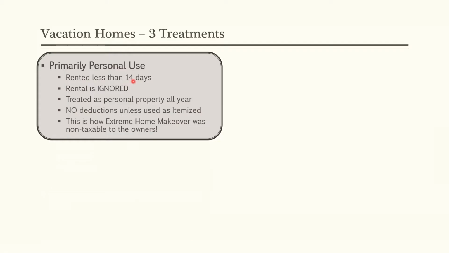They're trying to get it done within less than 14 days, because then they say the value we gave you is your rent for those 14 days. Otherwise, these people would have to pay tax on it. If they rented it for 15 days, the $500,000 worth of improvements they did on the property would now be taxable to these people. So that's why they're always trying to get it done before 14 days is up.